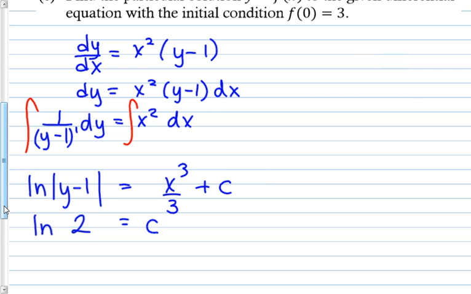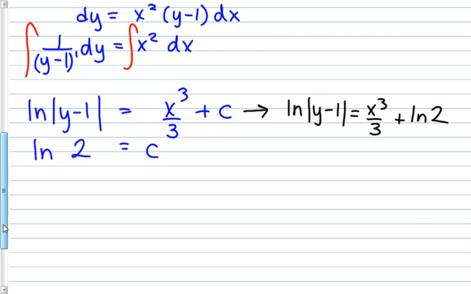So now the natural log of y minus 1 equals x cubed over 3 plus the natural log of 2. I'm going to leave it as natural log of 2. You wouldn't want a decimal there, at least not until the end. Just take care of it at the end.